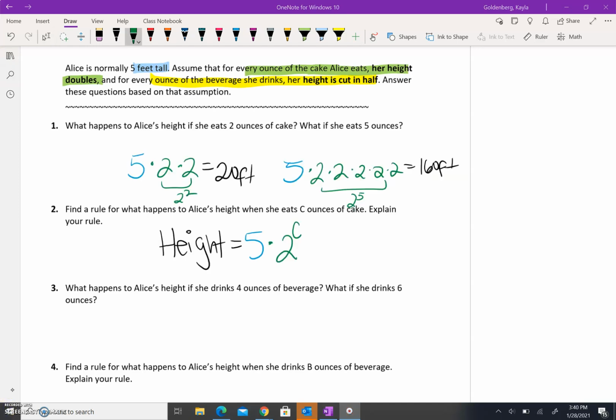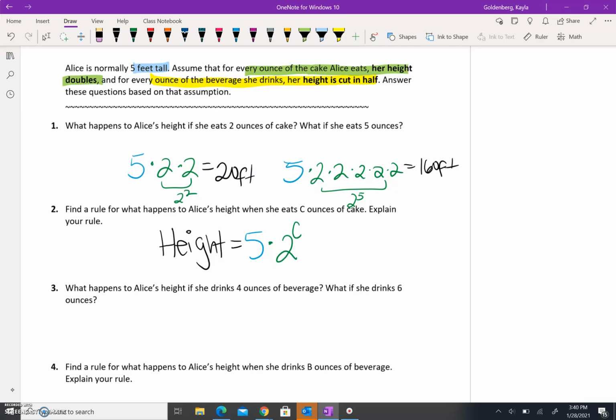So I'm first going to, real brief, talk through the height idea here with the cake. So notice I've got some information here for what happens to Alice with 2 ounces versus 5. Remember, she doubles her height every ounce of cake. So for each ounce, you're going to double. And then to get a general rule of her new height, it's always starting with her old height. Notice it's in blue.